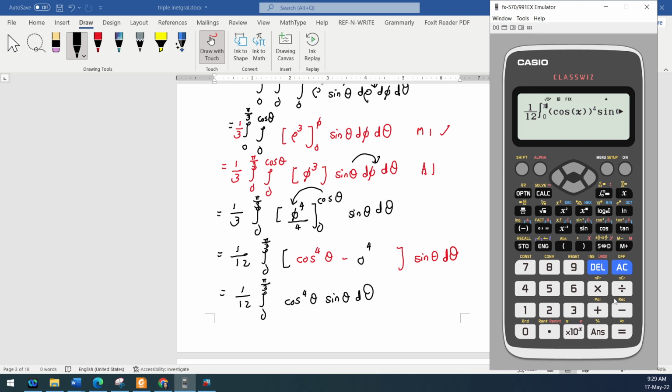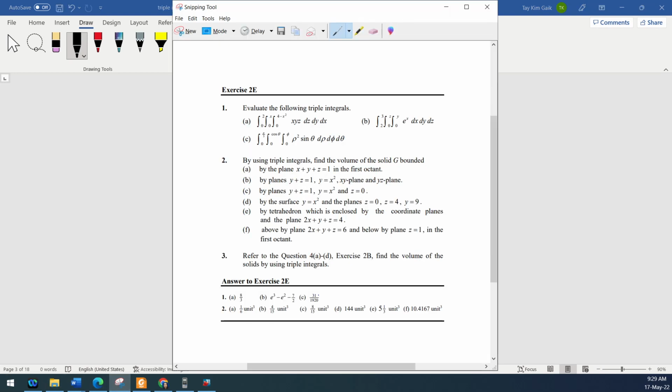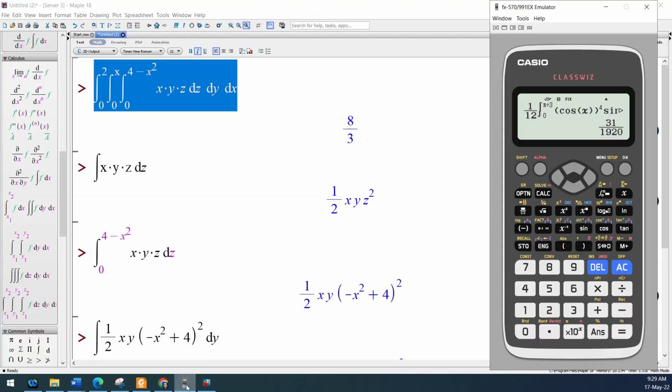Shift pi divide 3. Okay, the answer 31 over 1920. Oh, this one get nice like the fraction form. 31 over 1920. Okay.